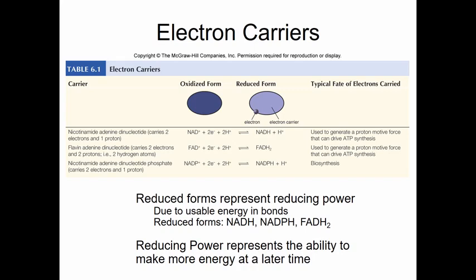Reducing power equals ability to make ATP, because it's got usable energy in the bonds. So if it's got the H on the end, the Uber driver has picked up its electrons, and it's getting ready to use that to make ATP.